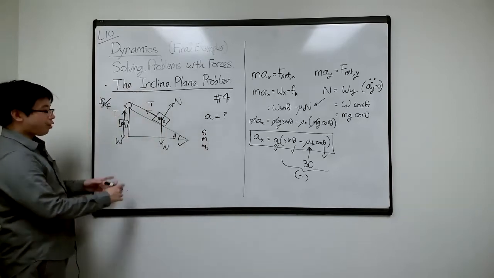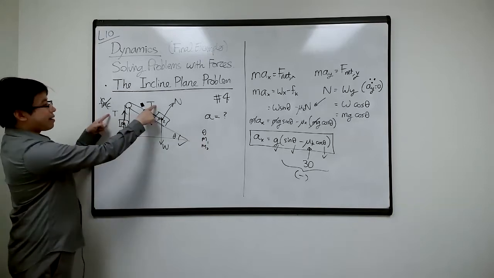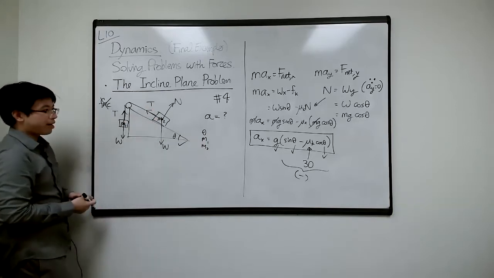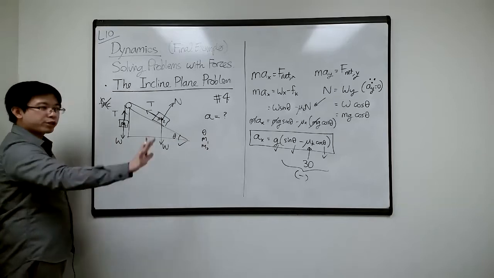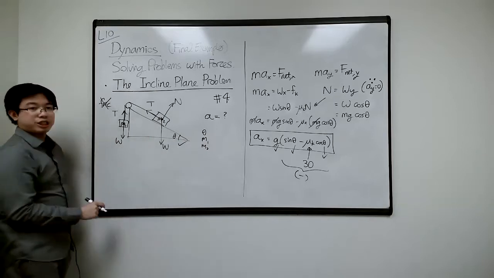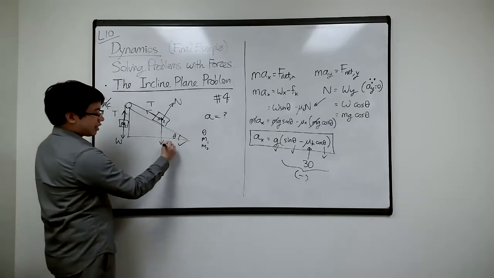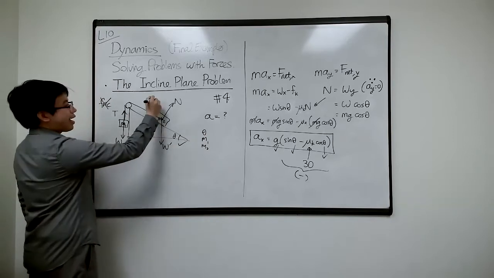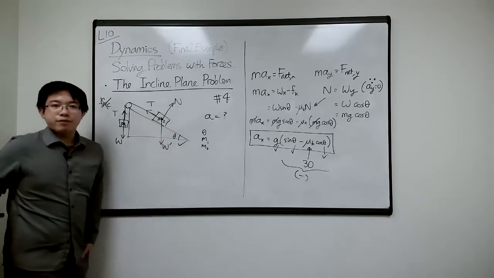There's a quick comment over here: I have duplicated my variable, so this should immediately come up as a red flag. The moment you see this in your exam, before you move forward to anything else, make sure you change that, okay? So I'll put a W prime over here, and should I put a T prime over there?